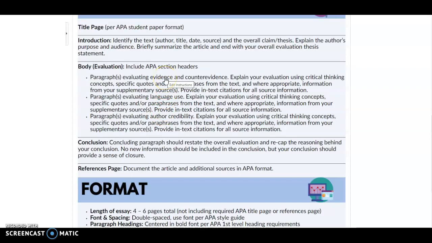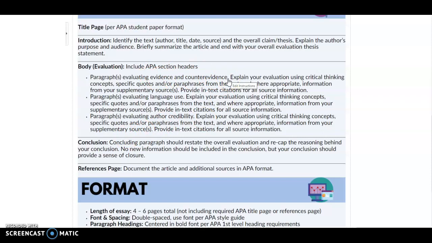So when we're looking at evidence, language use, and credibility, the English 101 course has broken those three very large general components down into much more specific questions that you need to answer. So you're not going to be on your own trying to figure out evidence and counter evidence.